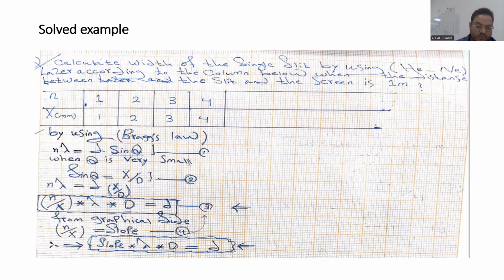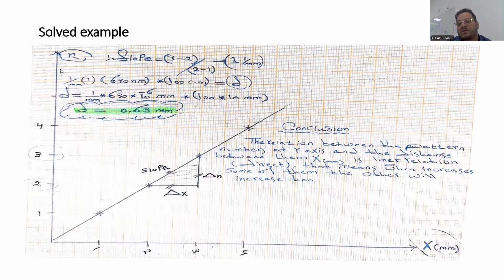x is the distance between them, but I can't solve this problem by using another math trick, so I use the graphical side. Here, I know n on the y-axis and the pattern distance on the x-axis. From the triangle rule, the slope equals n divided by its distance.